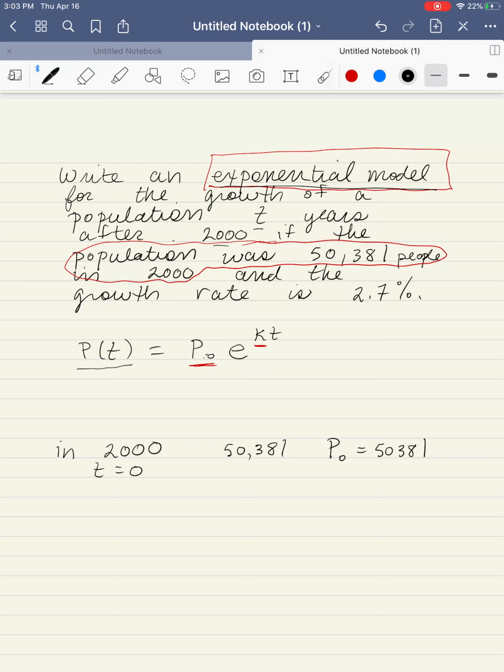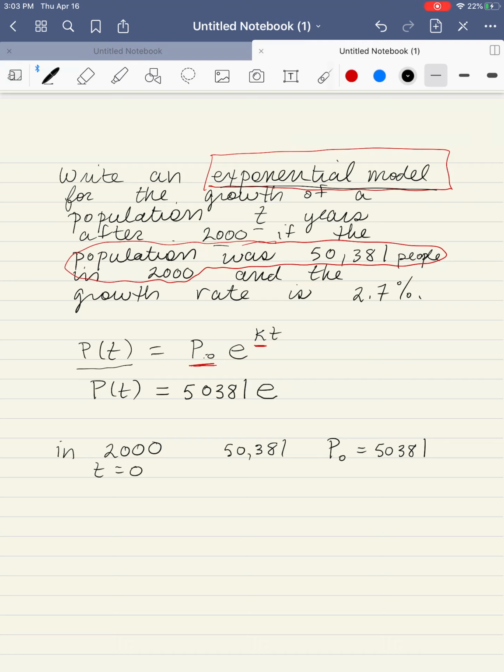In other words, P sub 0 equals 50,381. So P sub 0 is our starting amount, 50,381. So we can put that in for P sub 0 in our function.